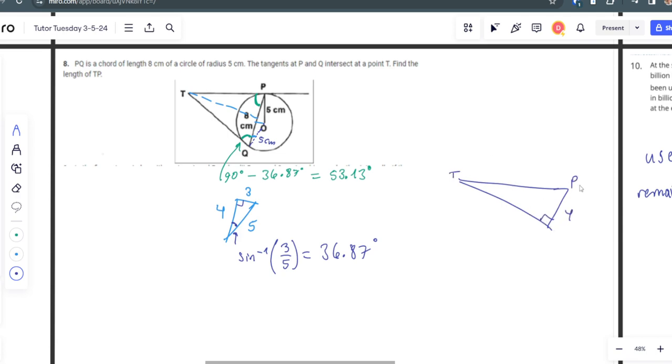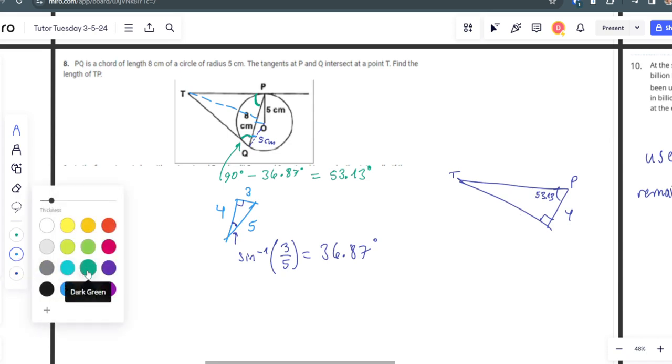This is TP, what we're actually interested in, and this angle is 53.13. So how can we do this? I may not have enough information. Oh no, maybe I do.